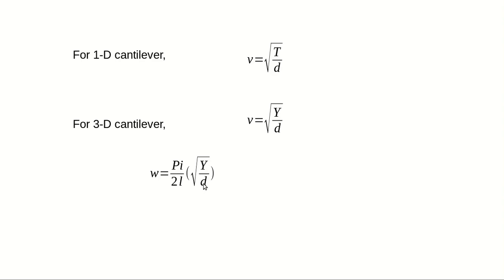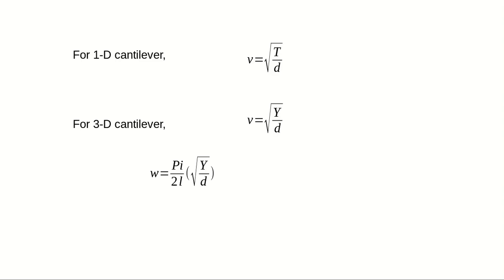From this we can clearly say that the resonating frequency is dependent not only on the length but also on the material. So if I use a different material, then the frequency is going to change although the length is the same. Or if I am using the same material, the frequency is going to change if I am using different lengths.